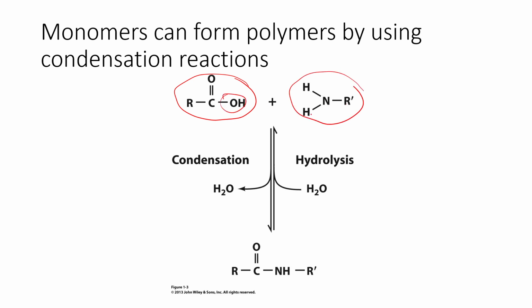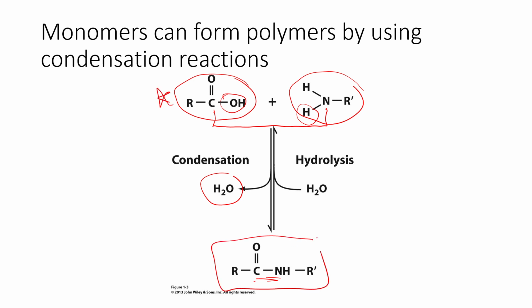The hydroxyl and the proton get removed in the form of water, and then the carbon and the nitrogen bond together in this condensation reaction. And so now these two monomers have become this single polymer. The reverse of this reaction is called hydrolysis, in which you add back that hydrogen and that OH group, and then you can break down that polymer into monomers.